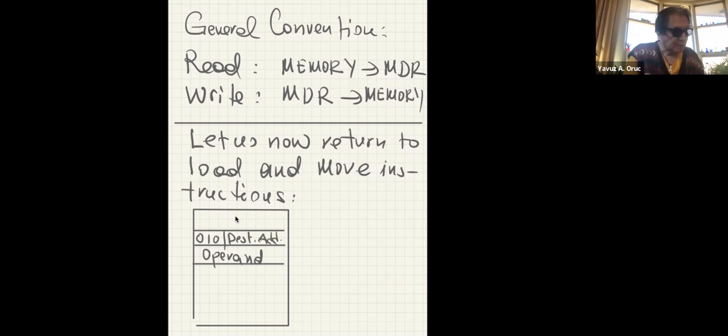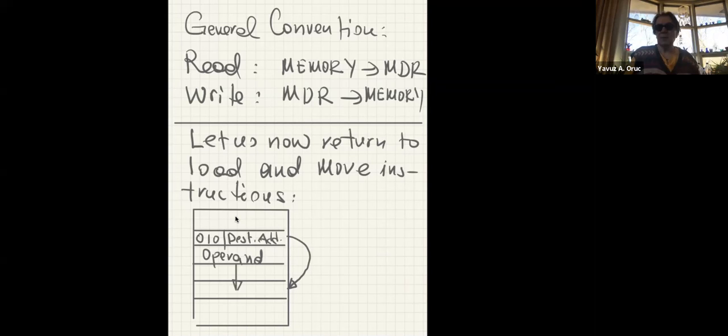And so what happens is that the destination address points to a location here. It's an address. And then the operand goes over there. So we kind of move this operand here. Okay, that's what we do.